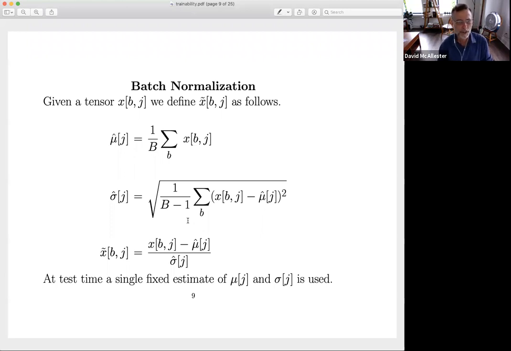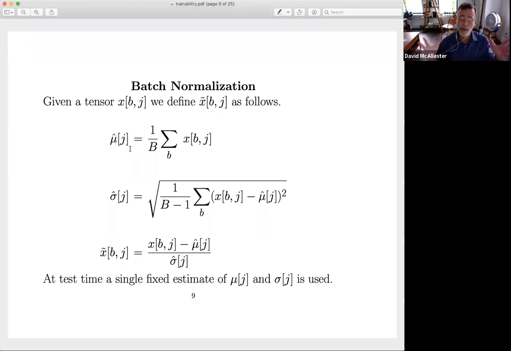So this is the way it works. We're given some tensor. This is the batch index. Eventually I'm going to stop using the batch index, but we're still using it here. So we've got a batch index and a neuron index. This is a simple case where we're just worried about one neuron index, the neuron J, and we've got values that are coming into the neuron J. What we're going to do is measure the mean and variance of the values coming into neuron J. We compute a mean over the batch.